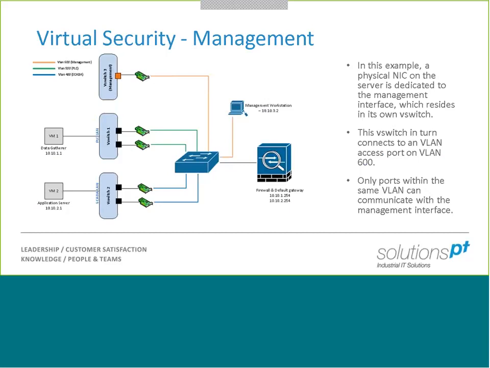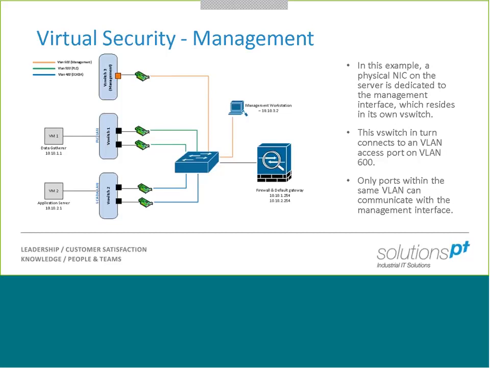So if we wanted to start opening up our management layer to extra devices or extra ports on that switch, we can do so by simply assigning VLAN 600 to whichever ports we want to open up. So this gives you a bit more flexibility in which devices you're allowed to talk to your management layer, but we've still got that segregation.